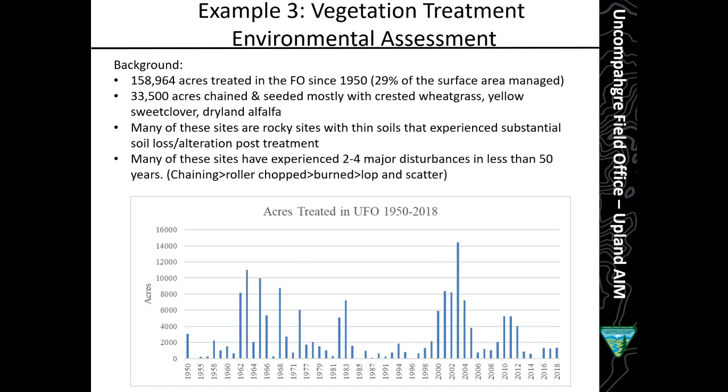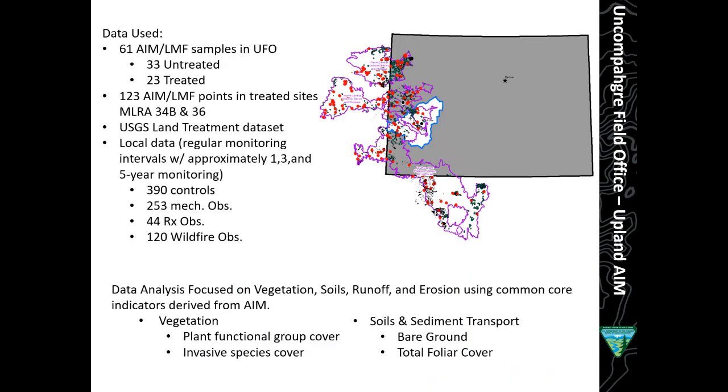Many of these sites were rocky sites with very thin soils that have experienced substantial soil loss and alteration post-treatment. Also, many of these sites have experienced 2 to 4 major disturbances in the last 50 years. They chained them, trees came back, they roller chopped them to try to kill those trees, they burned them, and then they bulldozed and scattered them. So you can envision some of these sites are greatly altered.